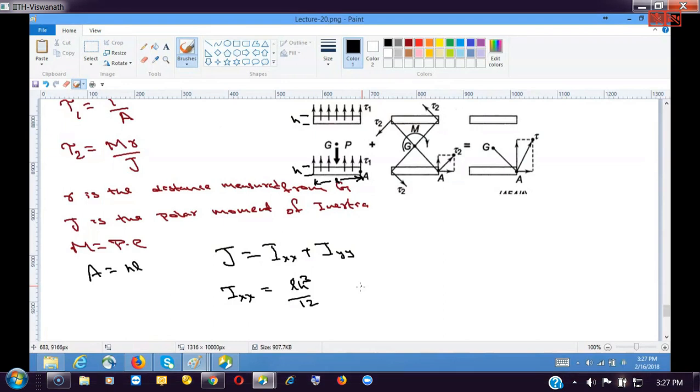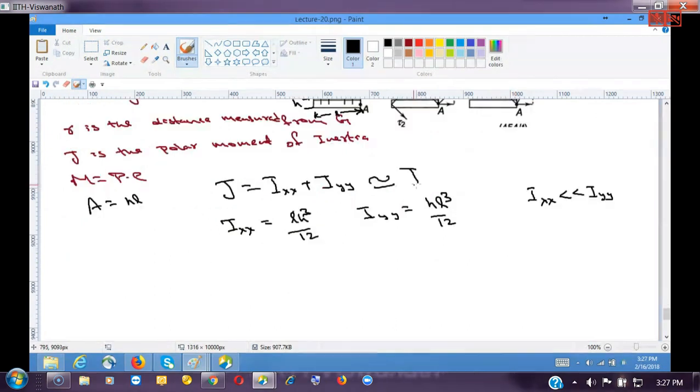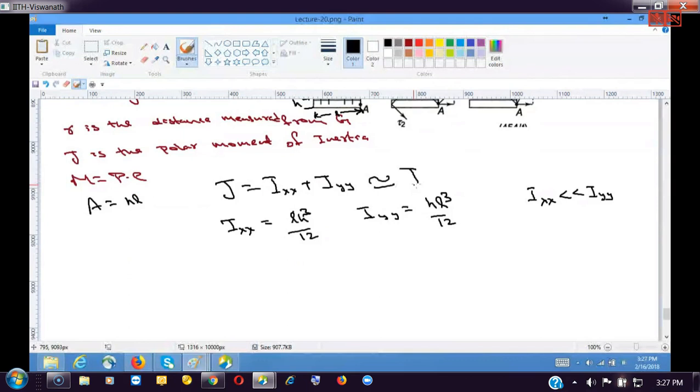So J is approximated as hL cube by 12 about, let's say, G1, the center of this part. But we don't want it about this center.